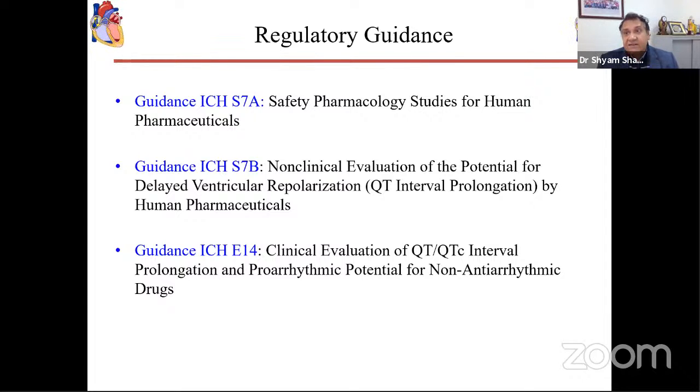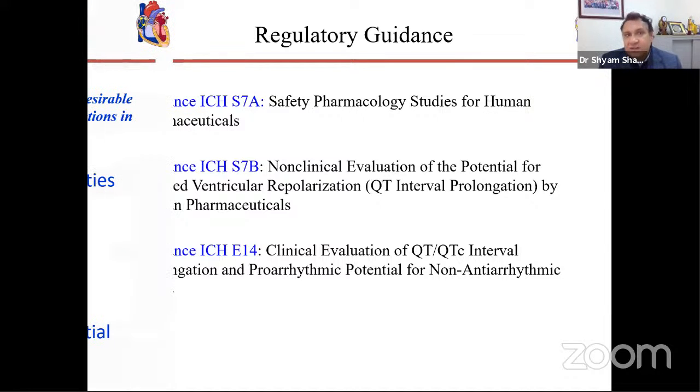The ICH guidelines are harmonized guidelines followed throughout the world, and most of the time Japan, the US, the UK, Europe, all of them follow these guidelines. The E14 guidelines cover the clinical evaluation of QT/QTc interval prolongation and proarrhythmic potential for non-antiarrhythmic drugs.